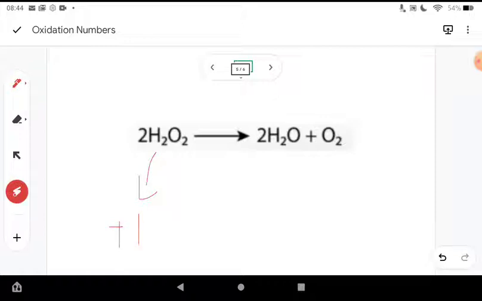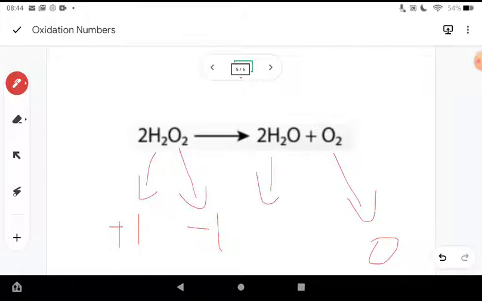Because it's hydrogen peroxide, it has to have an overall oxidation number that's balanced. That's H2, so oxygen in this case is going to have an oxidation number of -1. Now over here, oxygen's on its own, so it's 0. Water, as we've said before, is +1 and -2.